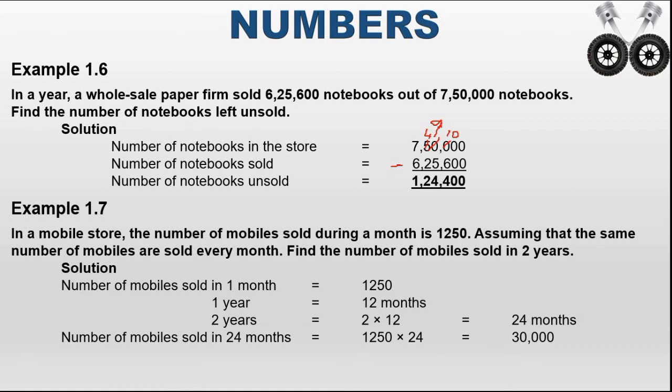For 24 months, how many mobiles are sold? Here the months are increased from 1 to 24, so the mobiles sold also increase. That means we have to multiply. 1,250 into 24 equals 30,000. So the mobiles sold in 2 years is 30,000.